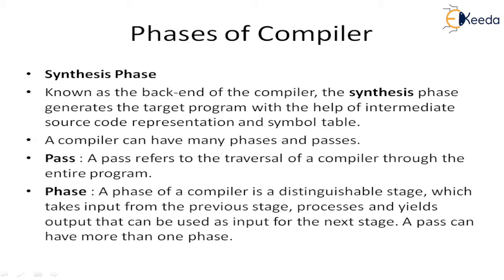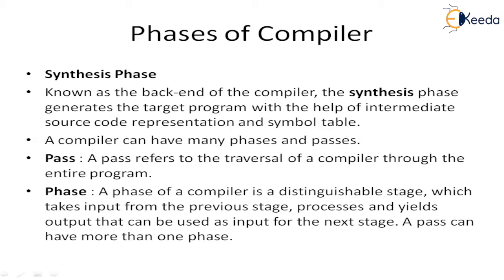So normally the compiler has many different phases and passes. So what is a pass and what is a phase? A pass refers to the traversal of the compiler through the entire program. How the compiler travels through the program, how it operates throughout the program, is represented by the passes.